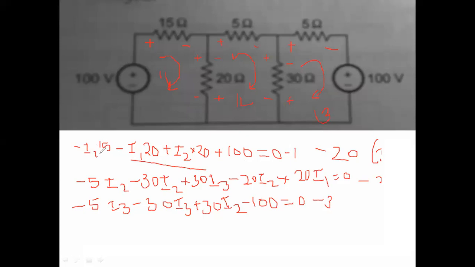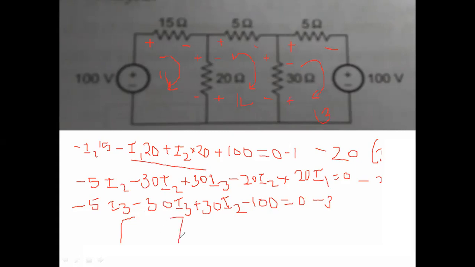So this is I1 into 15 minus I1 into 20. We can separate the currents and the voltages. Bring this 100 to the right-hand side and simplify these equations. From those equations we get the coefficients of I1, I2, I3, and from those coefficients we can construct the matrix.